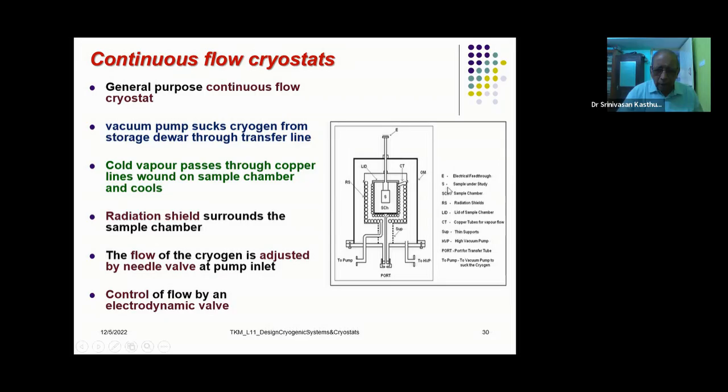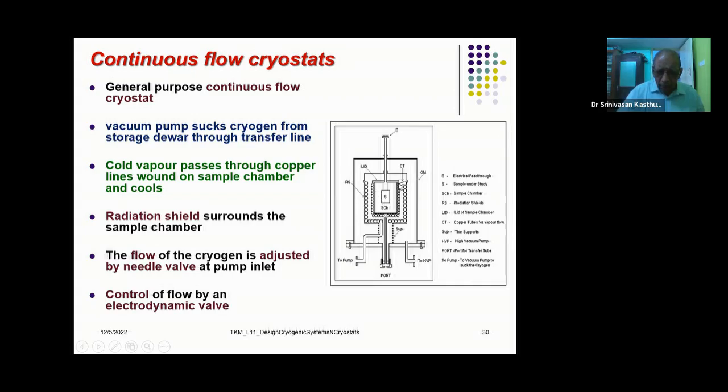As you can see in the design, there is a bottom port through which liquid helium is sucked inside. This is a sectional view. There are a large number of coils just wound over. First the winding is done on the bottom, and next it is wound on the walls.